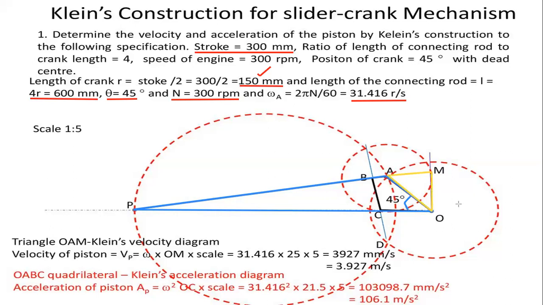triangle OAM is called as Klein's velocity diagram. So this is the Klein's velocity diagram, and OABC is called as acceleration diagram.